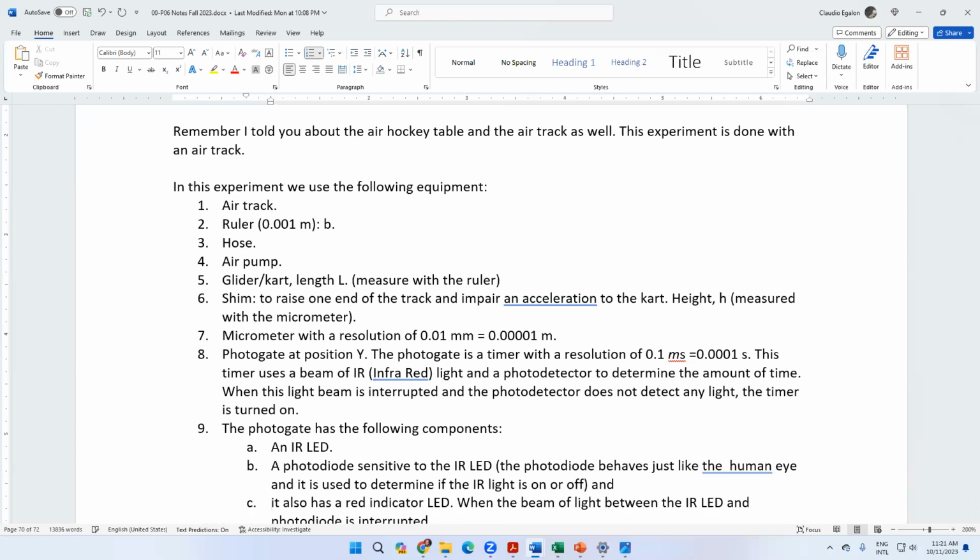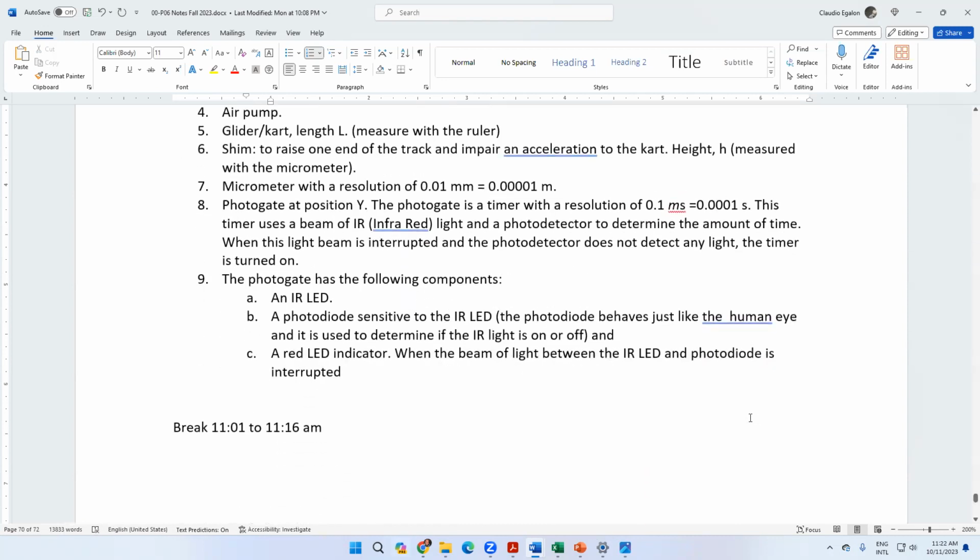And three, a red LED indicator. That's the new one that I didn't tell you before, right? When the beam of light between the infrared LED and the photodiode is interrupted, the red LED turns on, okay?